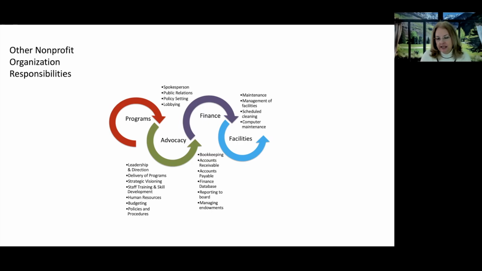As a 501c3, you can lobby, and I don't know exactly the percentage of time you can lobby, but it's a very small percentage. I had an employee come to me and say, hey, one of my friends is running for the county council, and I'm going to go hold up a sign in the roundabout.